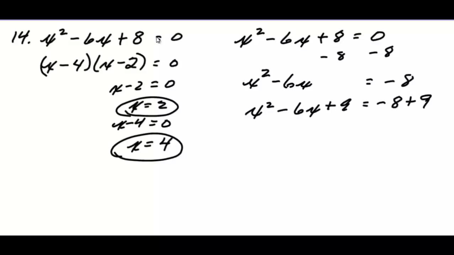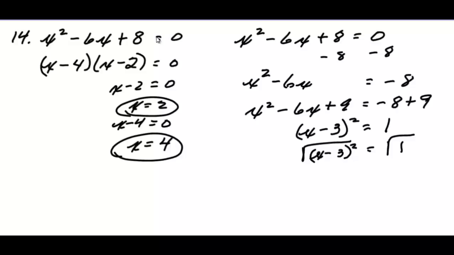Now on the left, I have a perfect square, which is x minus 3, the quantity squared, and negative 8 plus 9 gives me 1. When I take the square root of both sides, x minus 3 squared equals the square root of 1. What I will get is x minus 3 equals plus or minus 1.